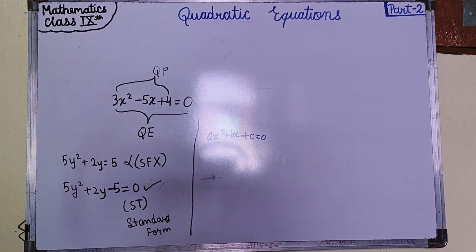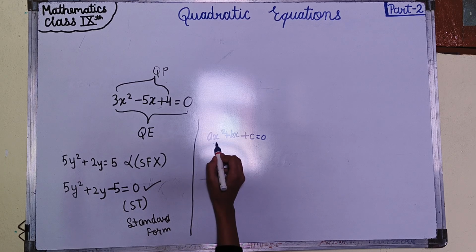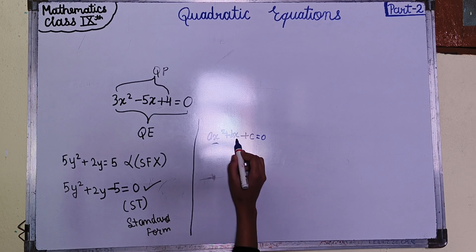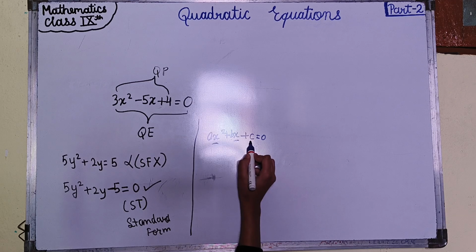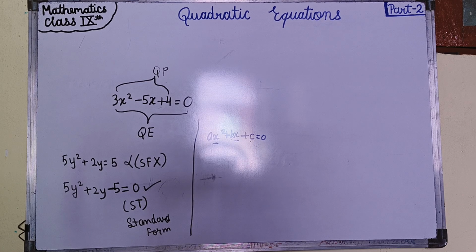The three constants a, b, c represent a as the coefficient of x square, b as the coefficient of x, and c the constant term.